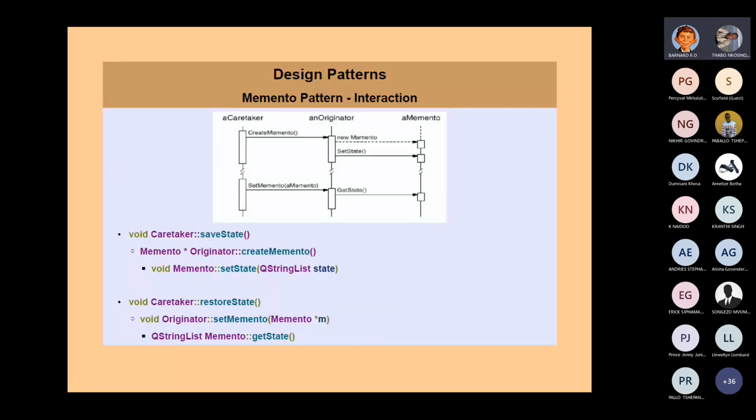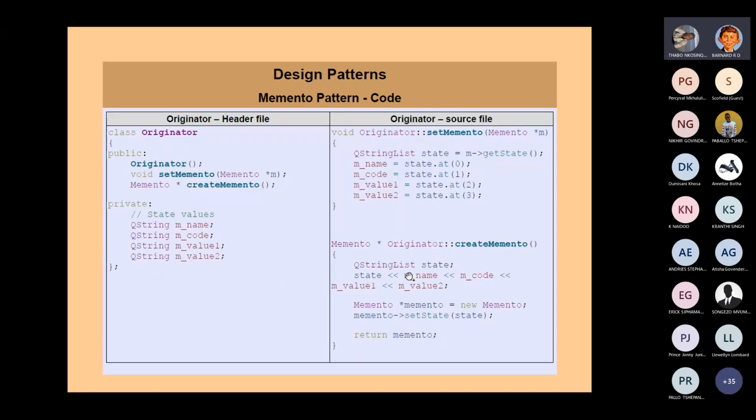But please work through an example, because as I've said, it can be quite confusing to work out which one you have to call when. Basically it goes from caretaker to originator to memento, and then the reverse process again, caretaker to originator to memento. And looking at some of the code here, this is typical code.